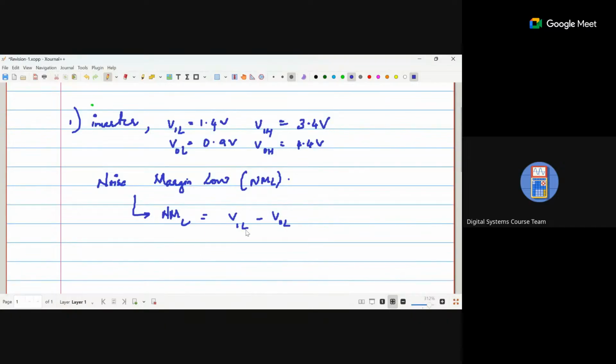So V input low minus V output low. What is VIL? 1.4 minus what is VOL? 0.9. So what is the value now? 0.5, right?